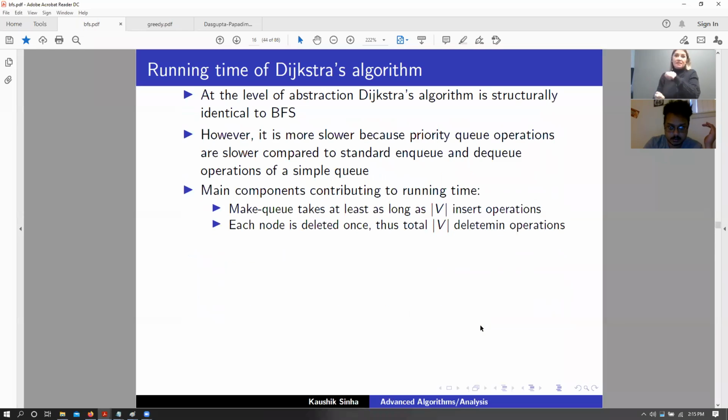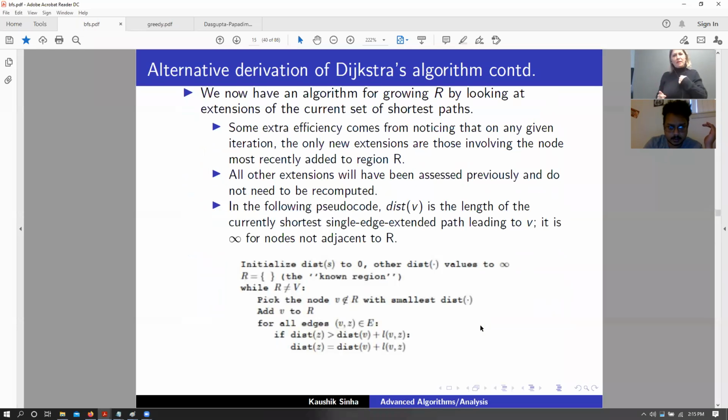So this particular distance is always updated, and once it is visited, we do not care for this vertex anymore. So let me just find the algorithm. Remember that in case of Dijkstra, we are creating this known region. The moment a vertex is added to this known region, we do not care about it anymore.